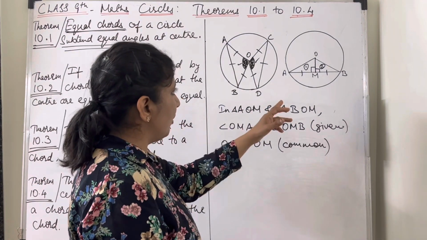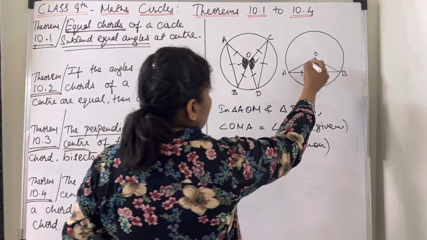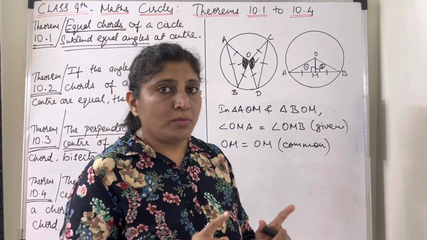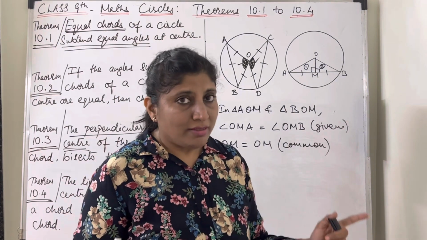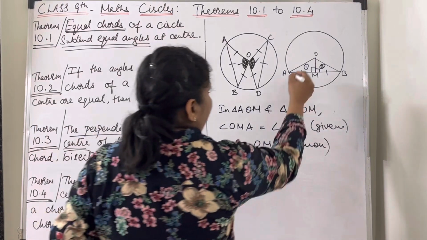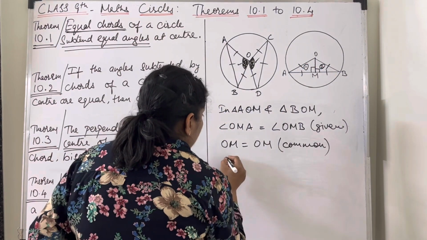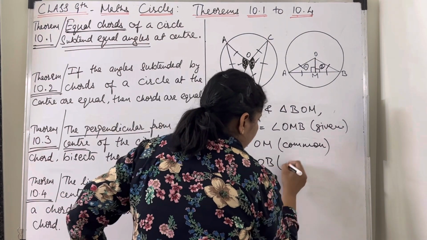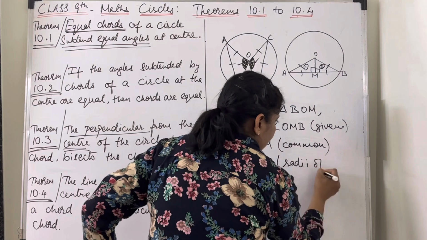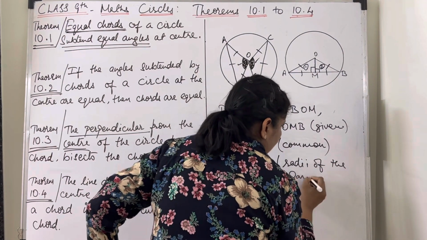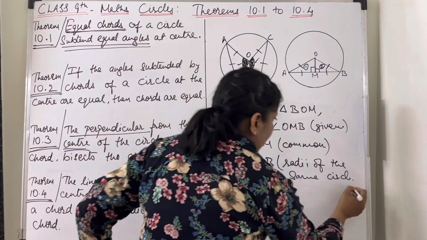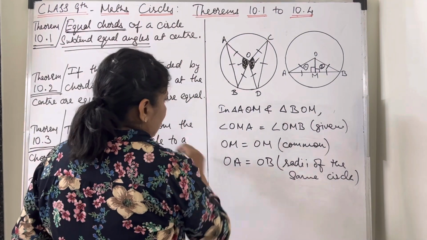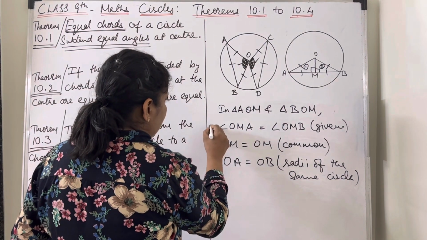Now the third one is, because OA and OB are the two line segments from the center to the endpoints of the chord, they are radii of the same circle and hence they are both equal. So OA is equal to OB, radii of the same circle. And so by RHS, this is RHS because this is a 90 degree angle.